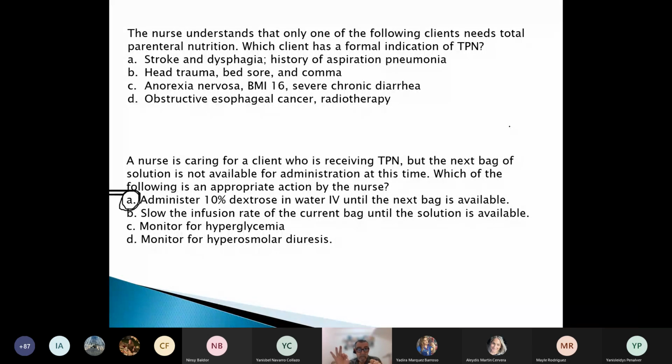Beta blockers, olol, metoprolol, atenolol, should not be discontinued abruptly because they can produce rebound hypertension, rebound angina.